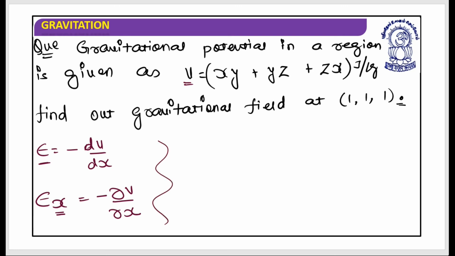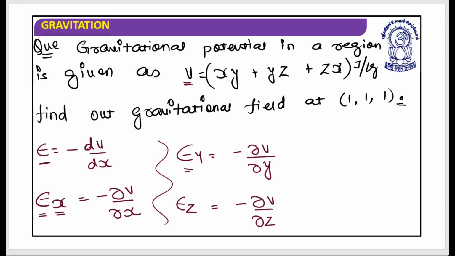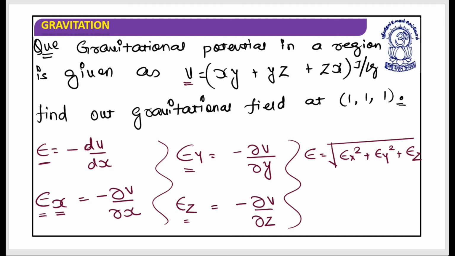Same way, Ey equals minus of del V by del y, and Ez equals minus of del V by del z. Once I have written Ex, Ey and Ez, the gravitational field would be equals to root of Ex square plus Ey square plus Ez square.